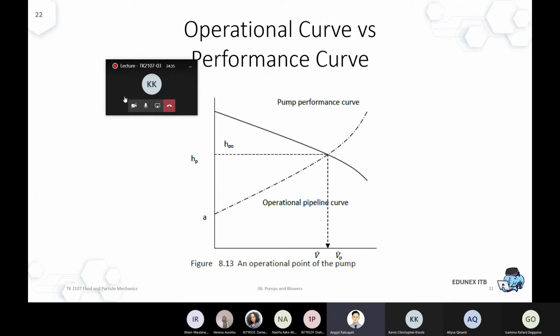Okay, so now we will look into a couple of different variations. Remember, yesterday we talked about the performance curve of the centrifugal pump. I think yesterday it was provided as a parabolic type of performance curve. But the main point in this one is the straight line, that's the performance curve.